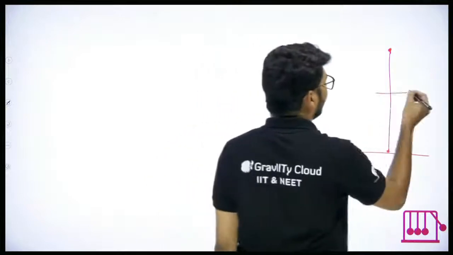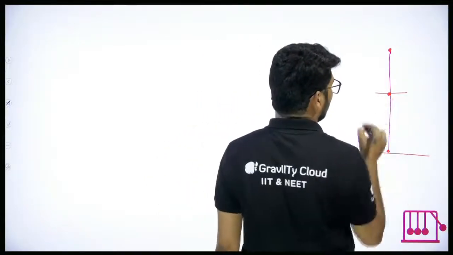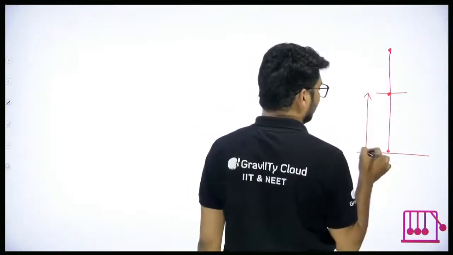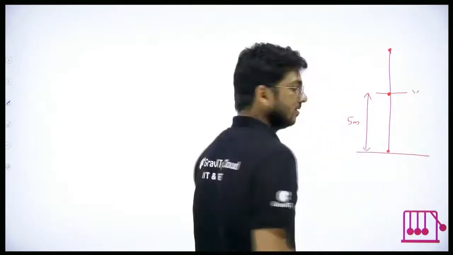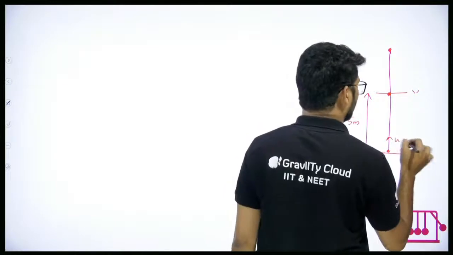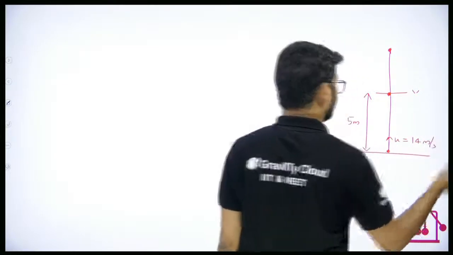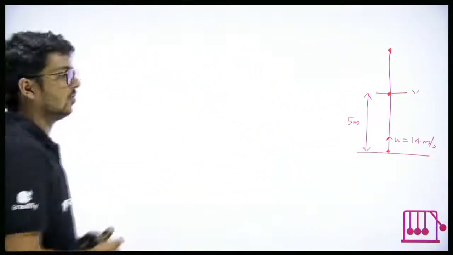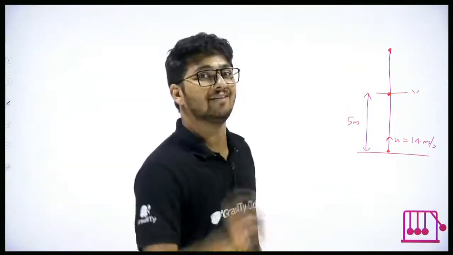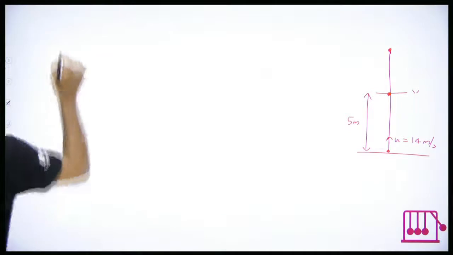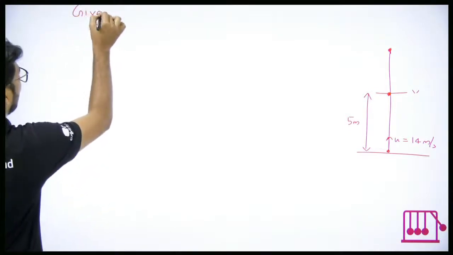But half will mean how much? The height is going to be 5 meters. So we have to find the speed here. And we got u as 14 meter per second. So throwing a ball up with 14 meter per second, it travels a distance of 5 meters and we have to find the speed.